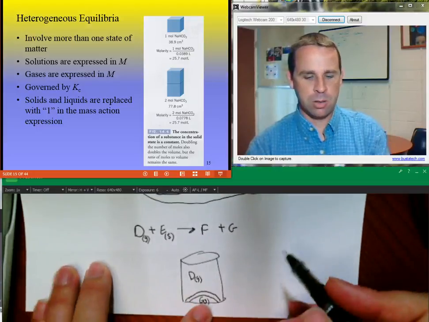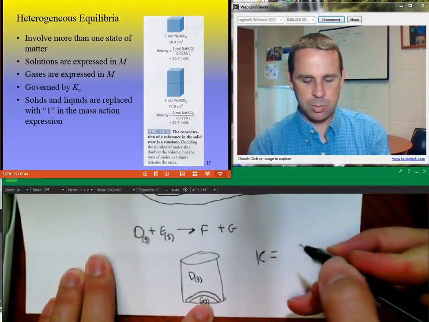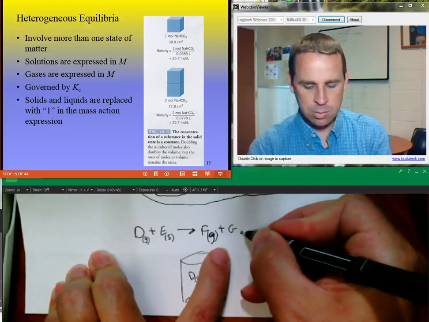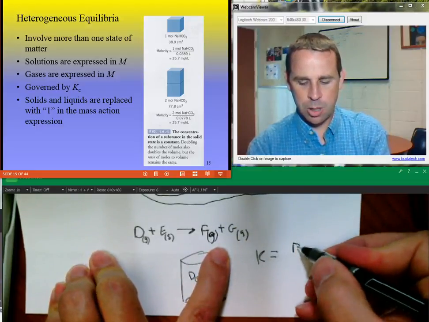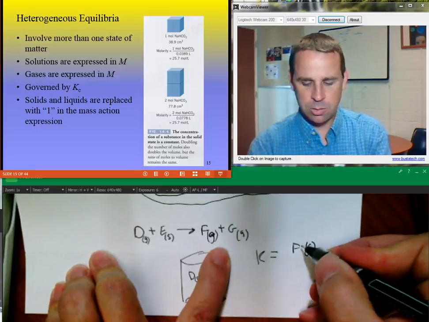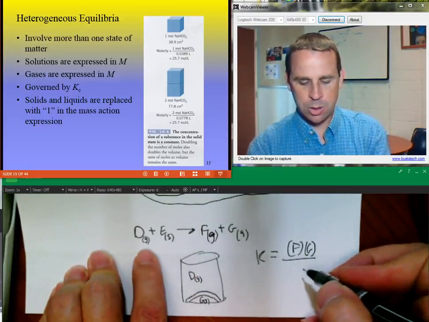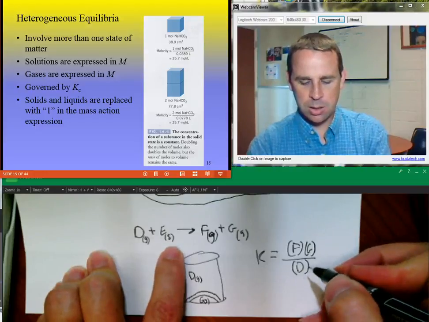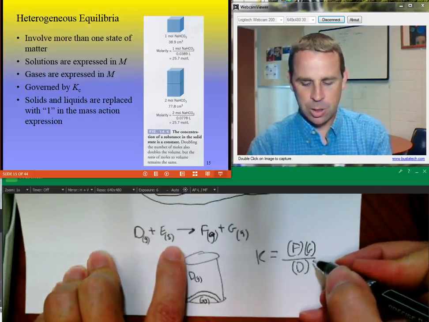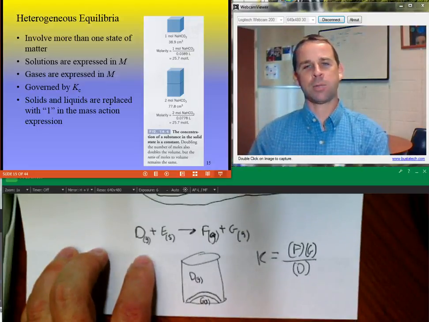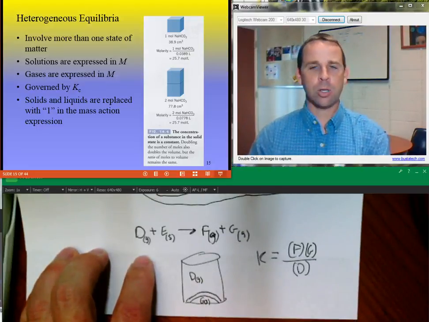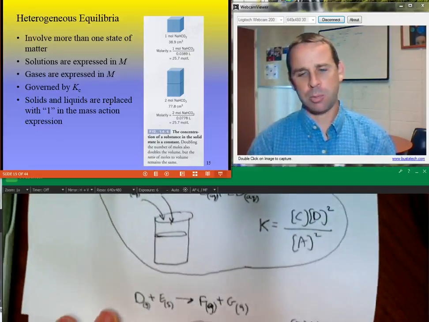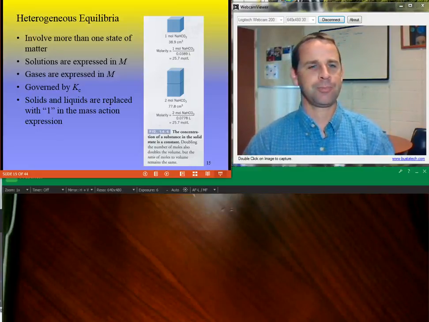For this one here, K would be the concentration of the products, let's say these are gaseous, F and G, over the concentration of the reactants, but I would not include E because E is a solid. So, long explanation short, you don't include solids or liquids in the equilibrium expressions for chemical reactions.